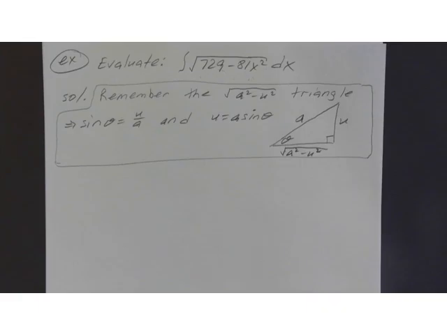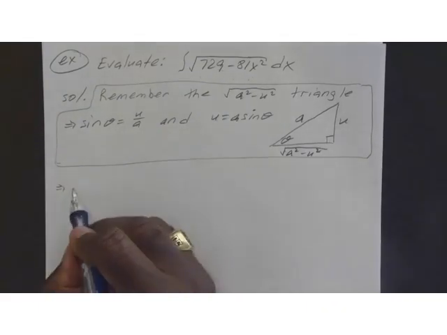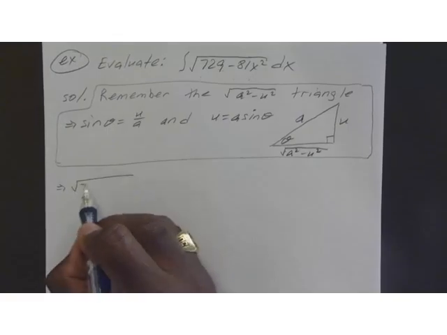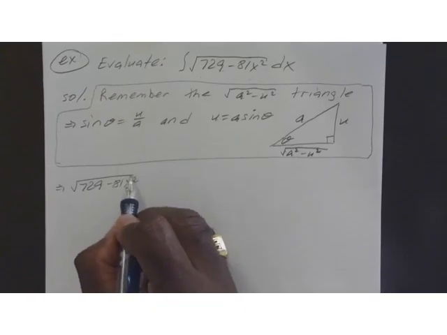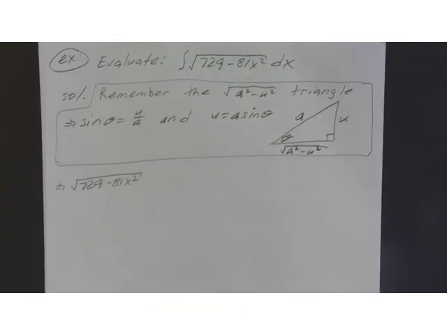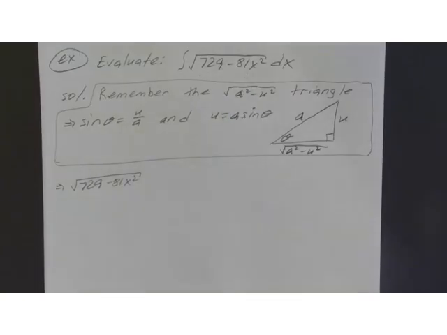We do the same thing we did before: we take our square root of 729 minus 81x squared, and we want to put it in the form of a squared minus u squared.